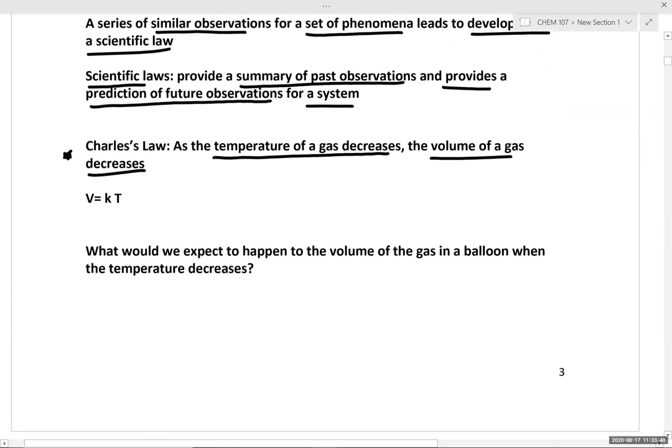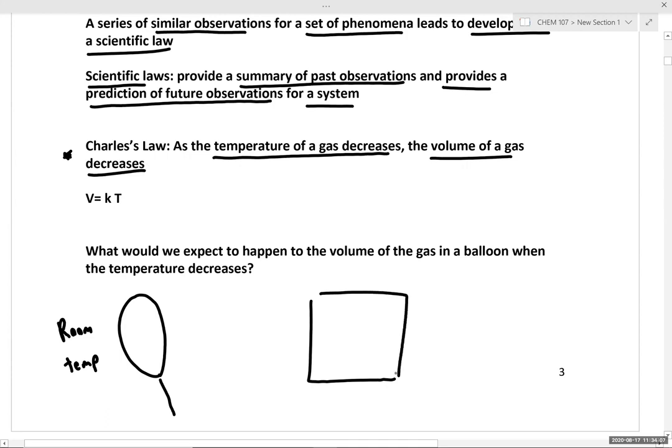So let's do an experiment now, and let's pretend we have a new balloon. Let's pretend we have a new balloon at room temperature. And let's say that instead of putting it in the freezer, we're going to put our balloon in ice water at 0 degrees Celsius, just to be sure.